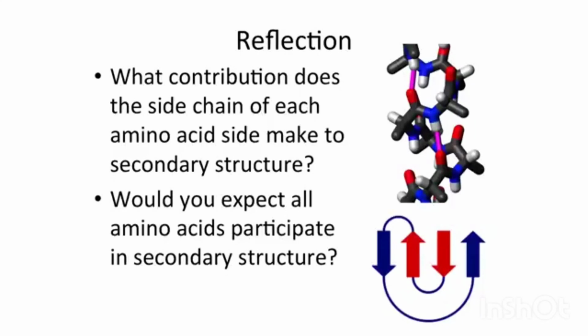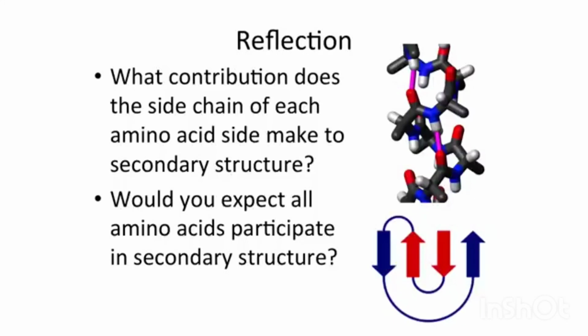When you think about these structures, what contribution does the side chain make to the secondary structure? Is it key to the stability of these secondary structures? And would you expect all amino acids to participate in secondary structure? Will all amino acid sequences be able to form alpha helices and beta sheets?